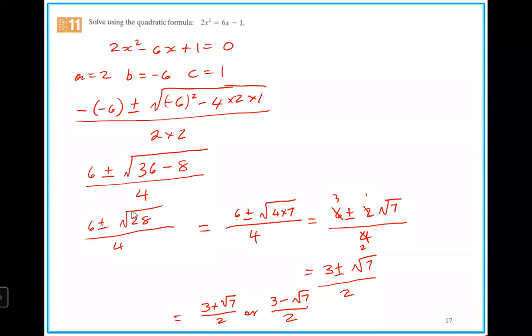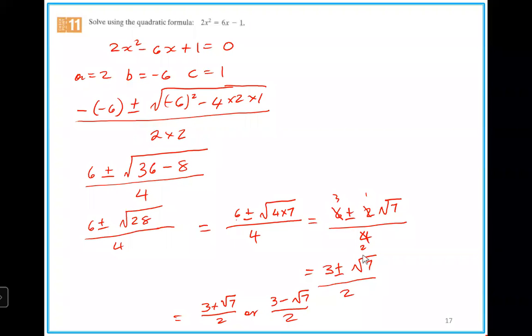So even if you leave it like this right here, let's say this question was worth 5 or 6 points, you would probably get 4 to 5 points. Let's say it was 6 points, you would get 4 if you left it right here, because you want to simplify it and then expand to show that it's this or that.